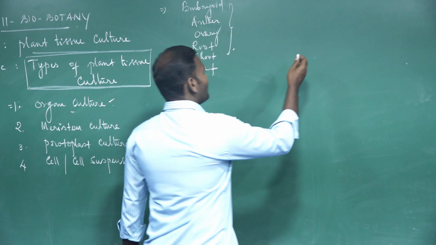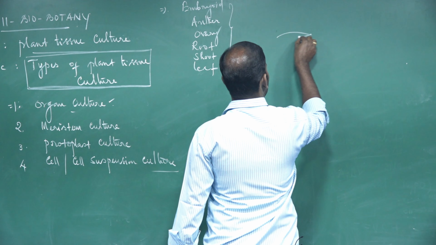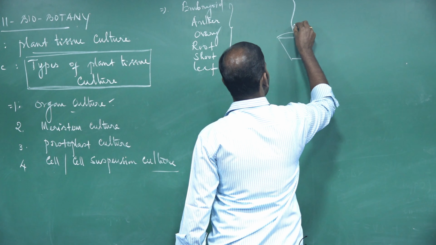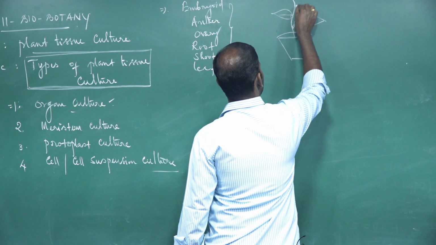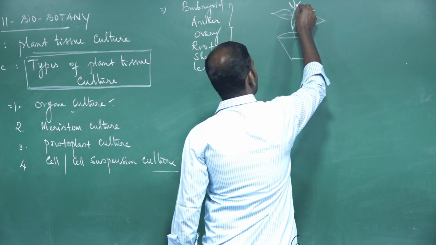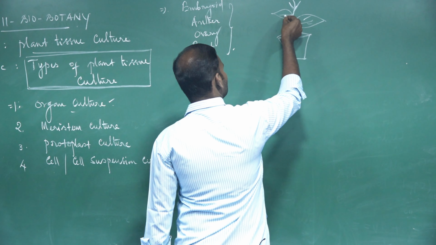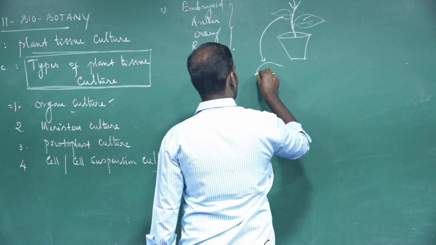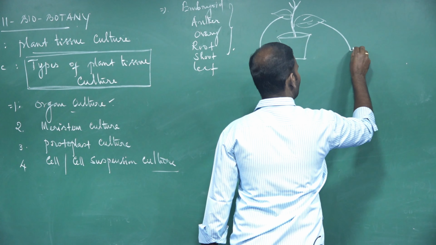For ease, to understand better, it is a potted plant. So the leaf is isolated from the desirable plant. Leaf, or maybe cells also isolated.